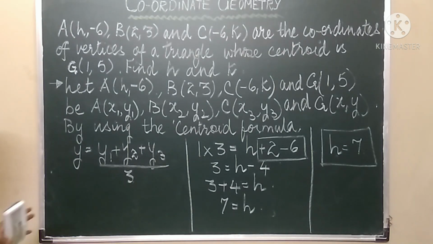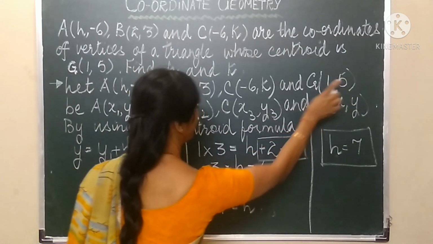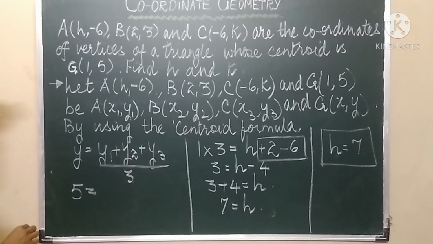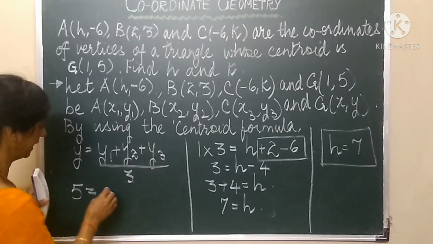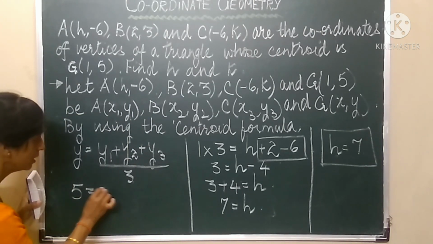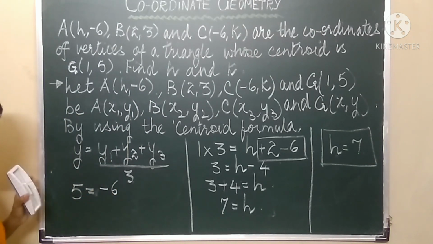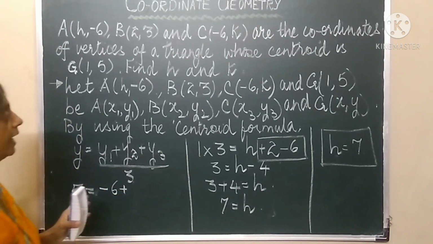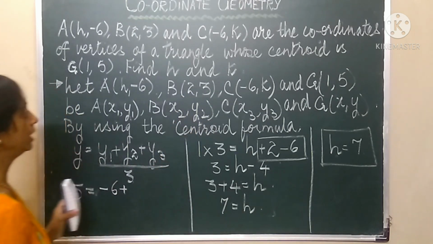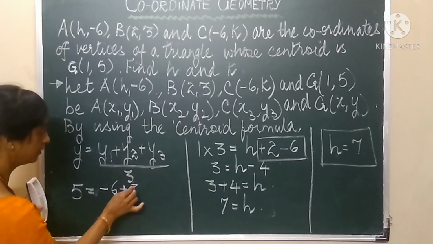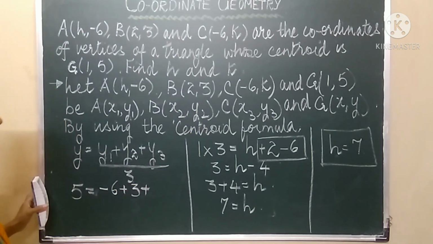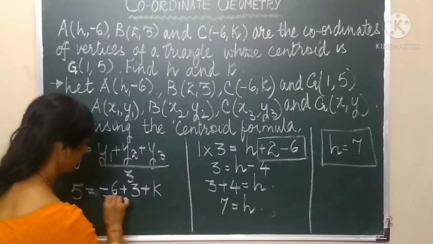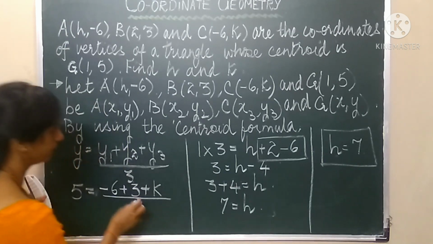Let's substitute carefully. y is equal to 5, which is equal to y1 has got a negative value, but as it is the first term, you can directly substitute it with the negative sign, minus 6, plus y2, the y coordinate of point B is 3, plus y3 will be substituted as k, upon 3.